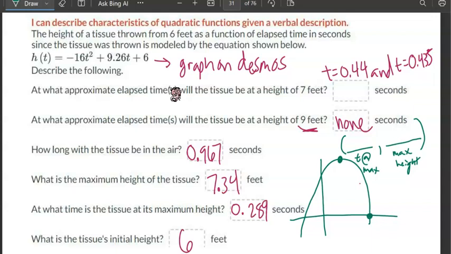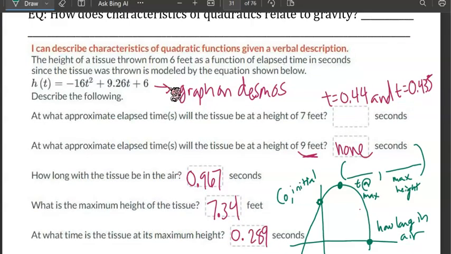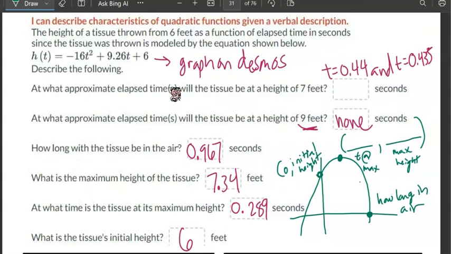This one represents how long it was in the air. This point is the initial height. And if there's a point over here, this would be considered extraneous.